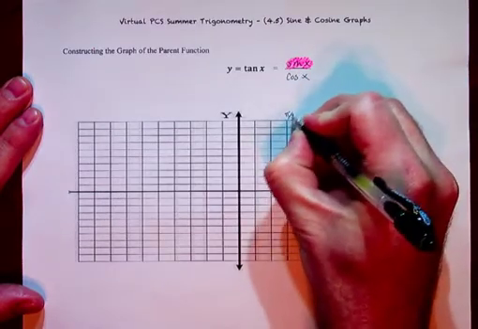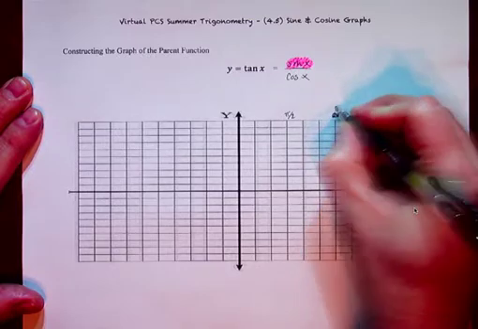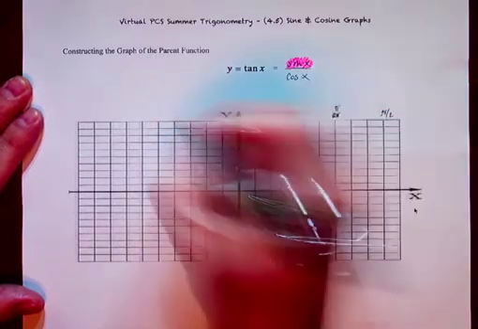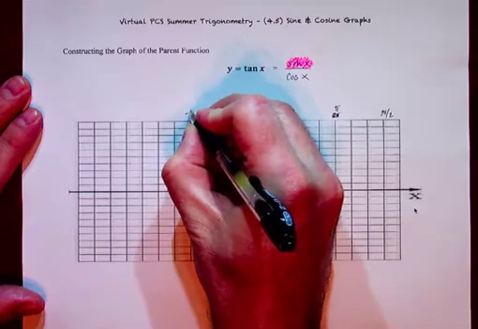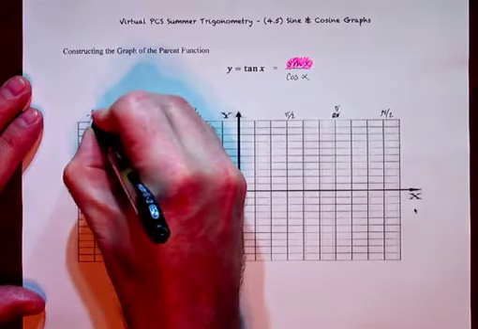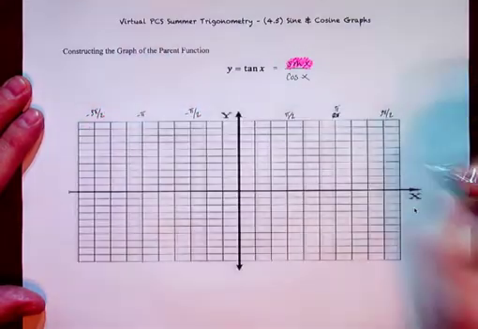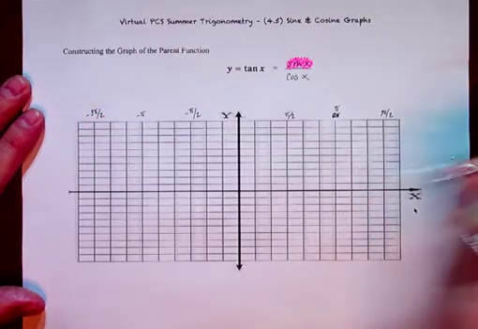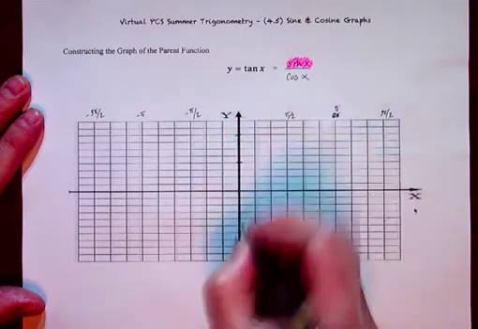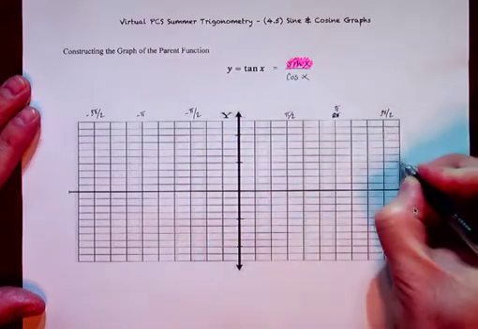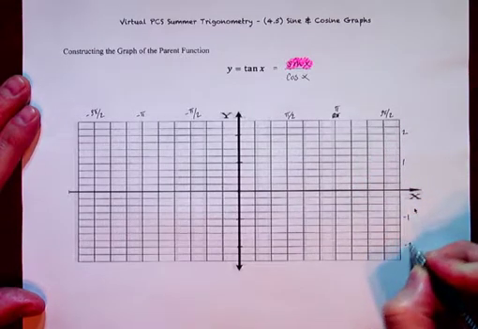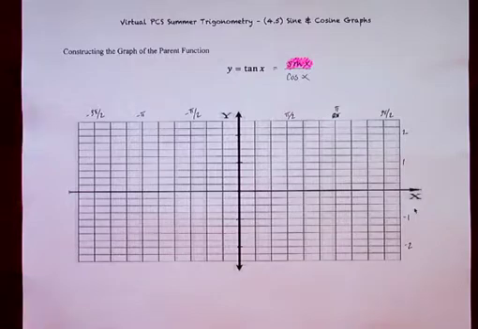Actually, let's make that pi and 3 pi over 2, negative pi over 2, negative pi, and negative 3 pi over 2. That'll be 1, that'll be 2. And we're basically just scaling it like we scaled on the sine and cosine graph originally.